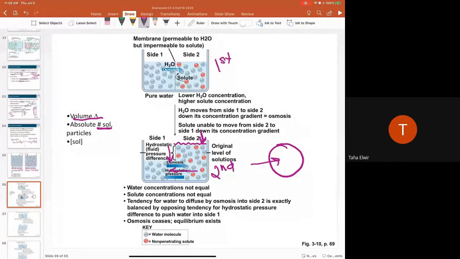We have 1, 2, 3, 4, 5, 6 particles. You had 6 particles in the first scenario, you've got 6 particles in the second scenario. What has changed is solute concentration. That has changed. So delta means change.